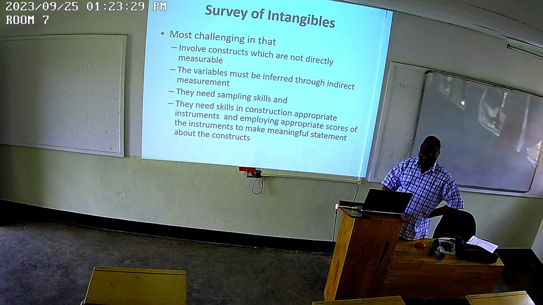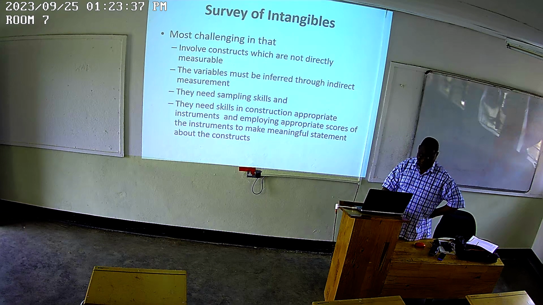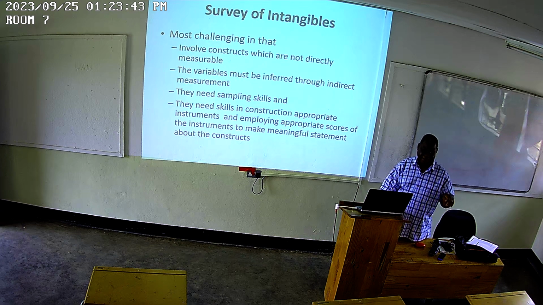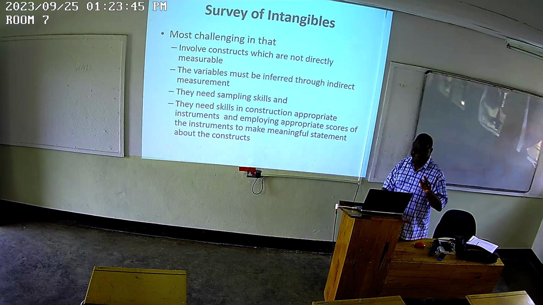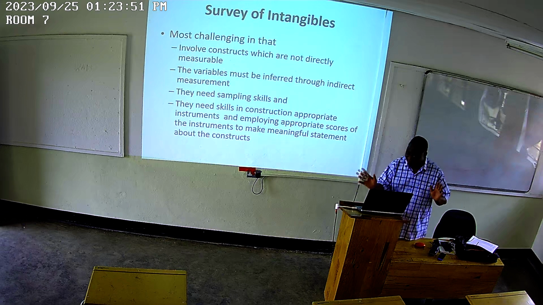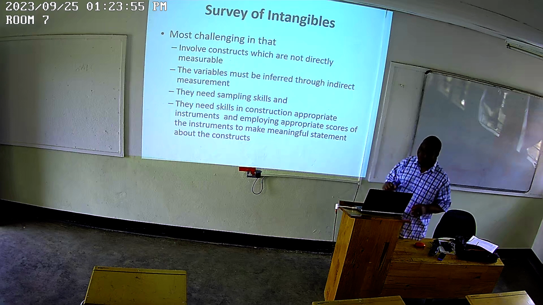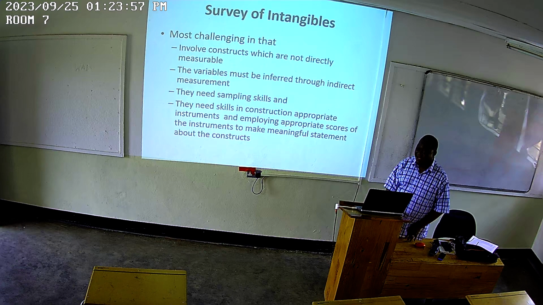You might think you are measuring people's opinions when you are actually measuring attitudes. What are people's attitudes? What are people's opinions? Seem to be both, but there are some subtle differences. One, they are intangible terminologies.